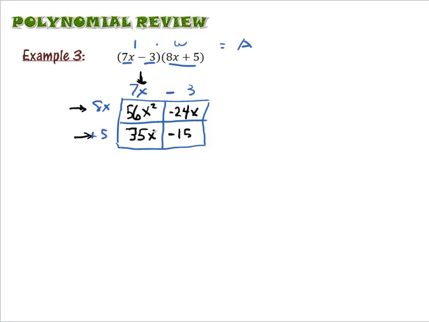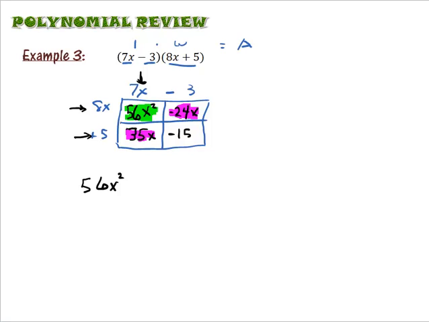And now all I do is combine like terms. If you'll notice, I've got 56x squared. There's no other x squareds, so I just write that one down. 56x squared. And then I've got negative 24x and 35x. Those are like terms, so I can combine them together.